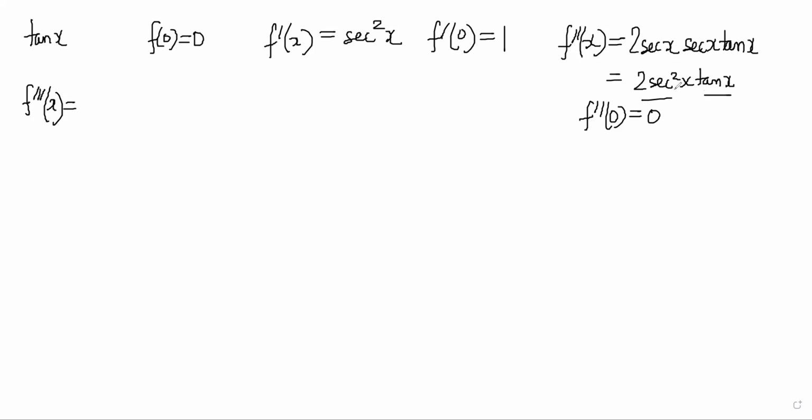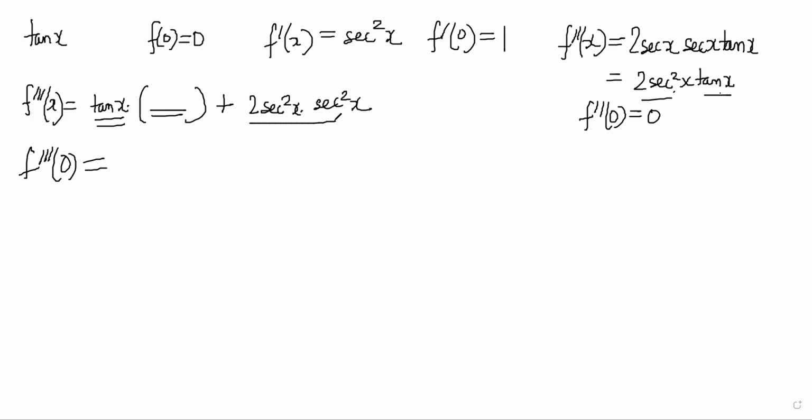So differentiate this part once and this part then, right? Something will come from the 2 secant square x term, I don't care because tan x is multiplied, because when you put 0, this will disappear. The other part I will care about because I will differentiate tan x, it will become secant square x, right? So when you put 0, it becomes simply 2.